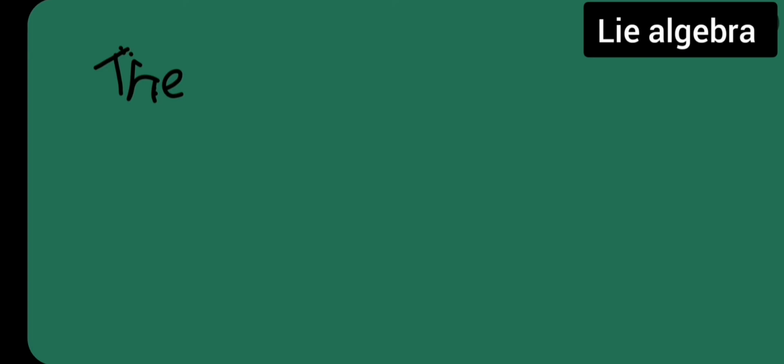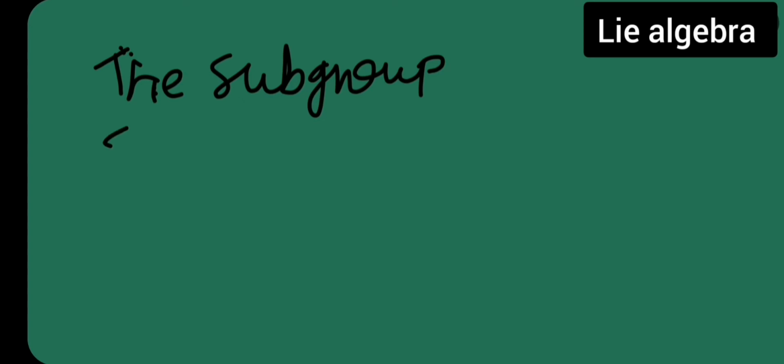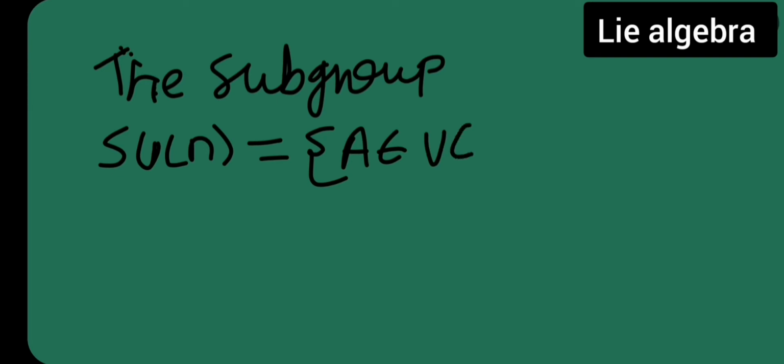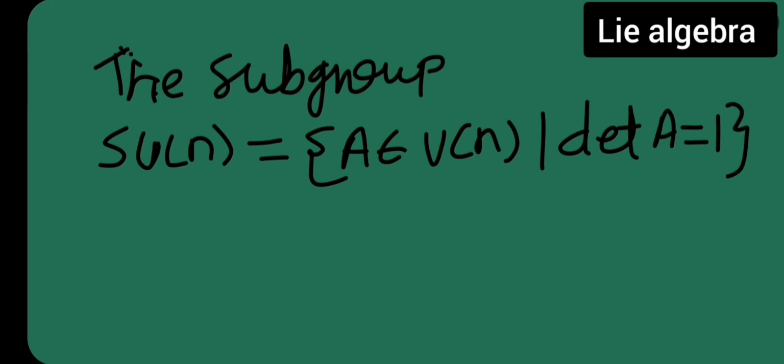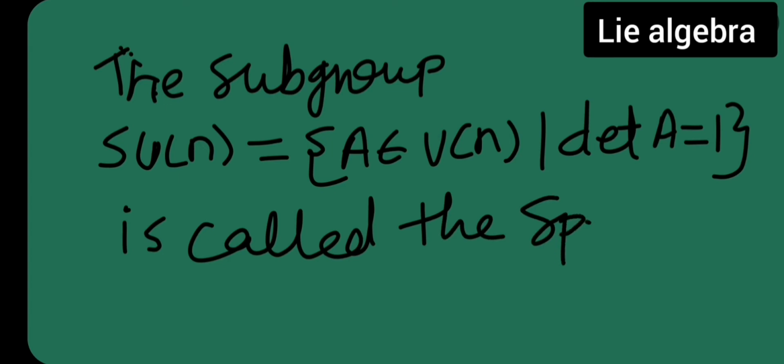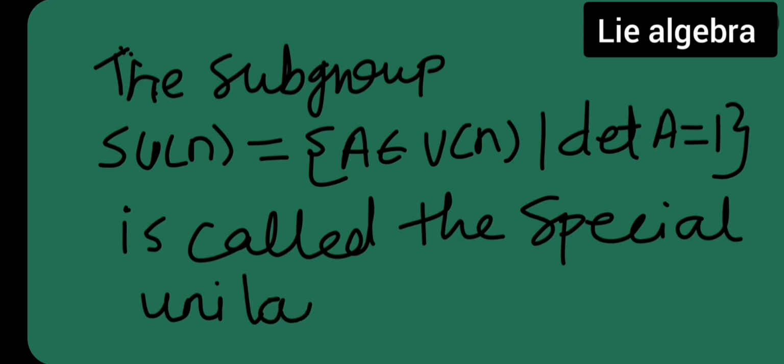The subgroup SU(n) is the special unitary group. So A belongs to U(n), where determinant of A is equal to 1. Now this is called the special unitary group.